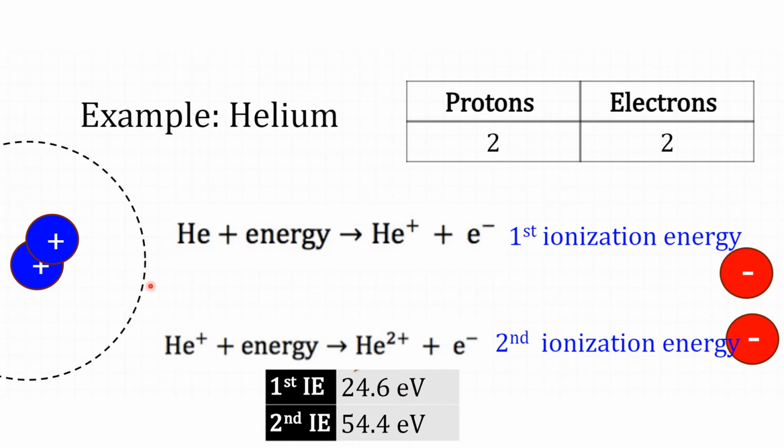Now we are left with one electron and two protons, which means there is a strong force of attraction between the two protons and a single electron. To overcome that attraction, we need a lot more energy, which is why it is higher, 54.4 electron volts.